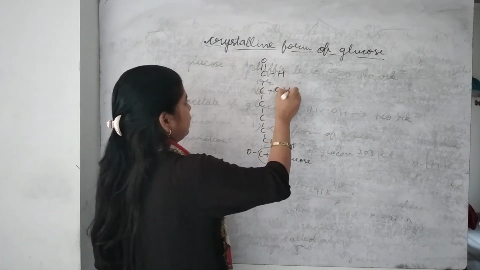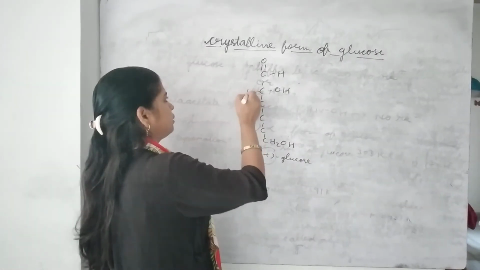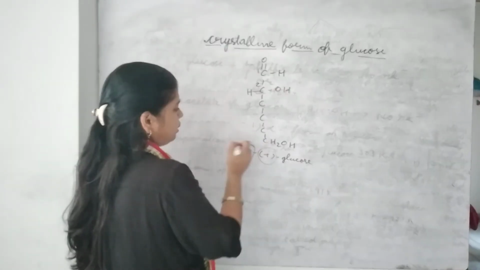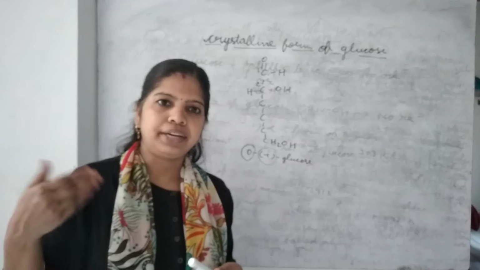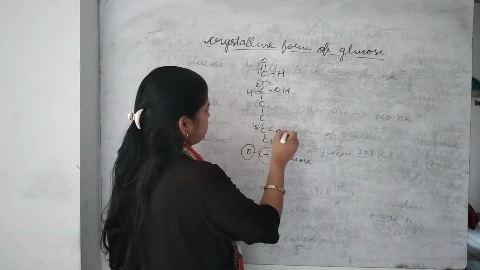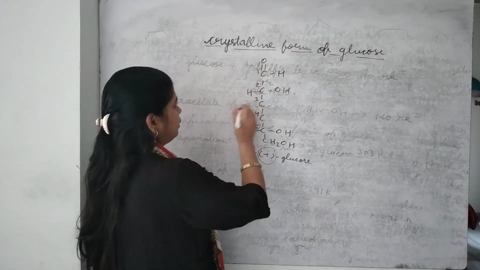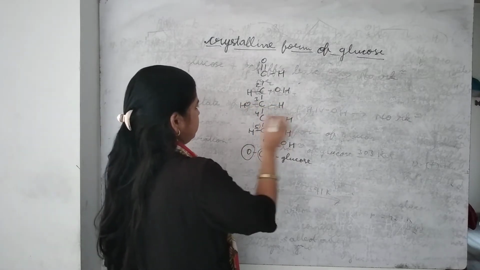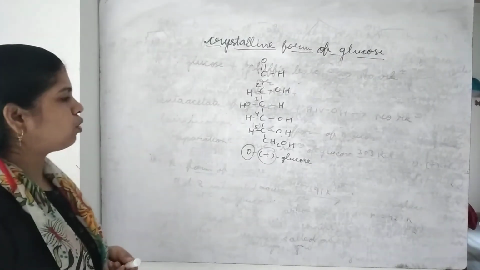So the second carbon atom has OH on the right hand side, and here there is hydrogen. This is the second carbon atom. Now it belongs to the D series. That means it resembles D-glyceraldehyde. So on the fifth carbon atom, OH is again on the right hand side. Now we have the third and fourth carbon atoms where OH will be alternately arranged. This is the open chain structure of glucose.